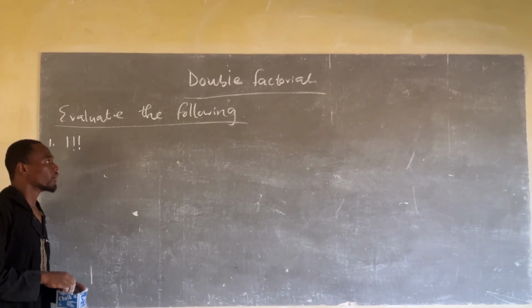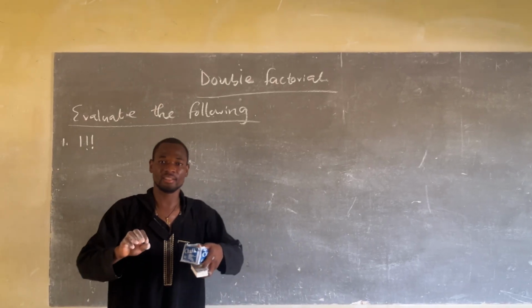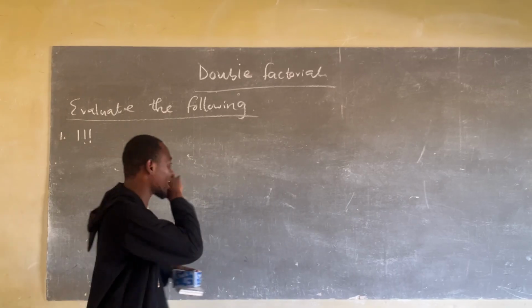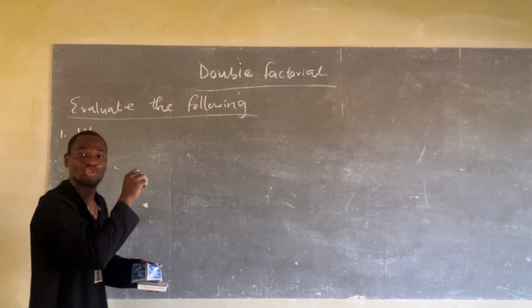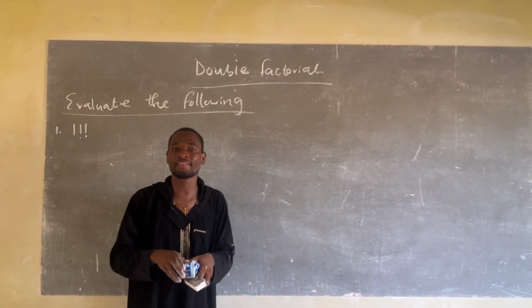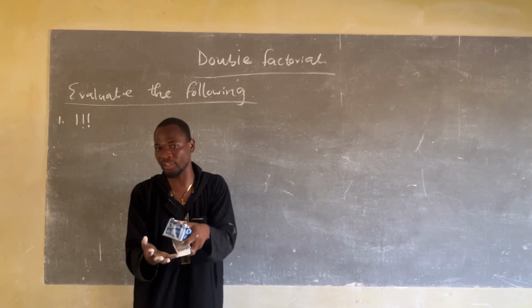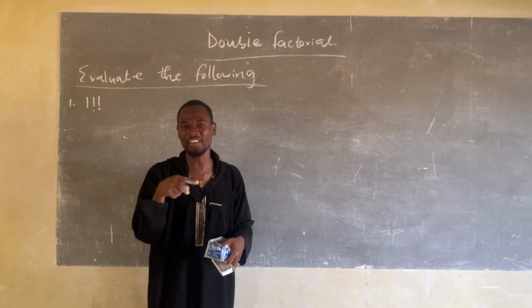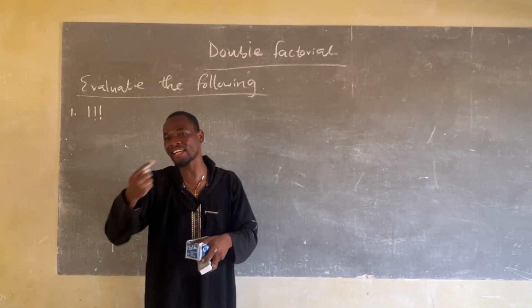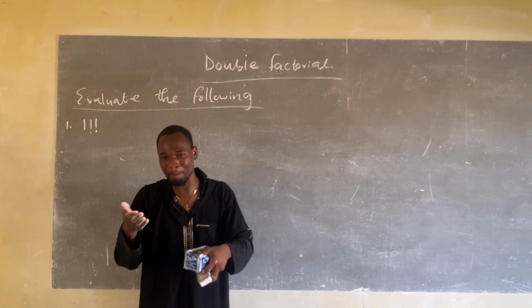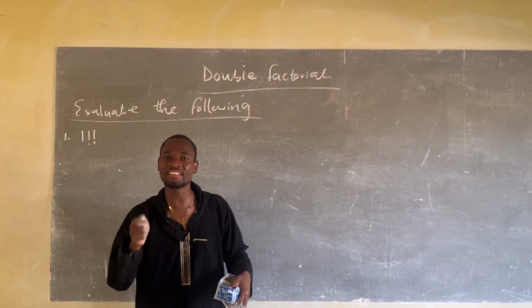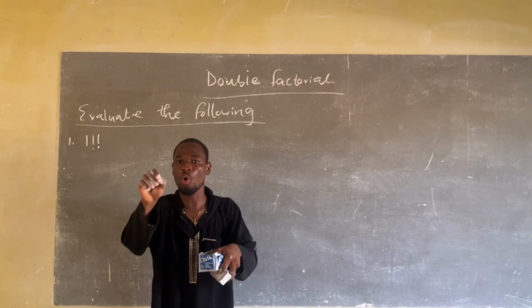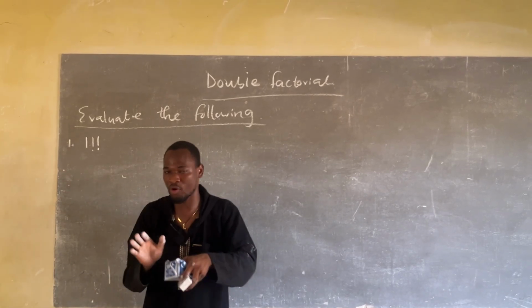But remember, we said in general, in summary, the double factorial is a mathematical operation that multiplies every positive integer by the second positive integer beneath it of the same parity until you get to either 1 or 2. You stop at that point.